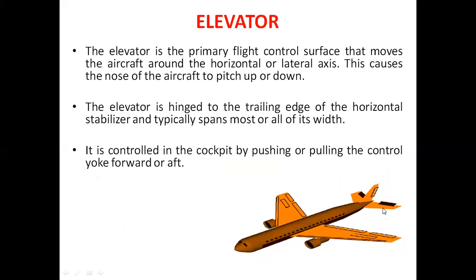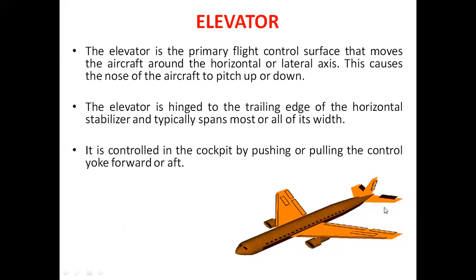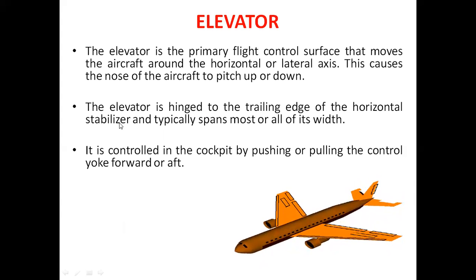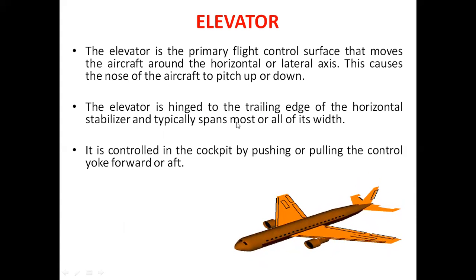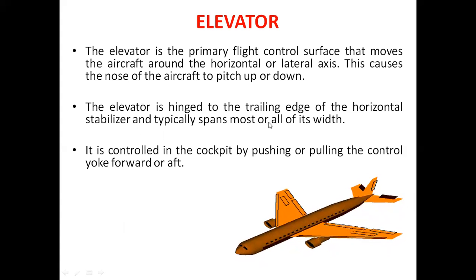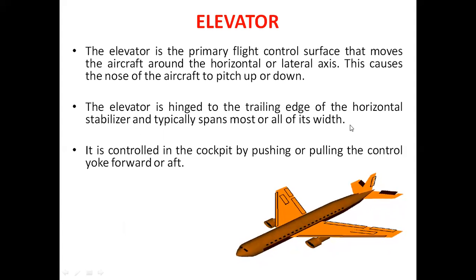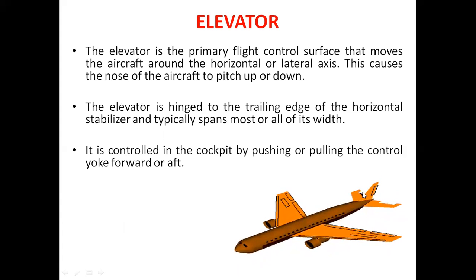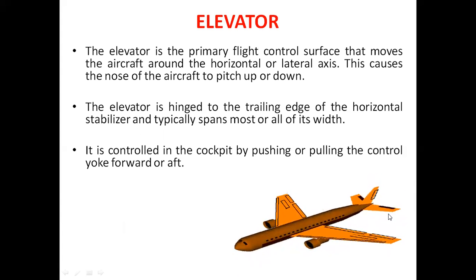So elevator up, pitch up; elevator down, pitch down. The elevator is hinged to the trailing edge of the horizontal stabilizer and typically spans most or all of its width. So it covers all of the width of the horizontal stabilizer.